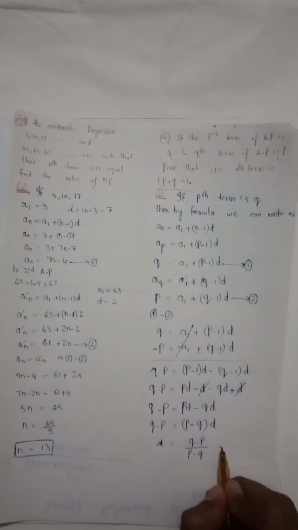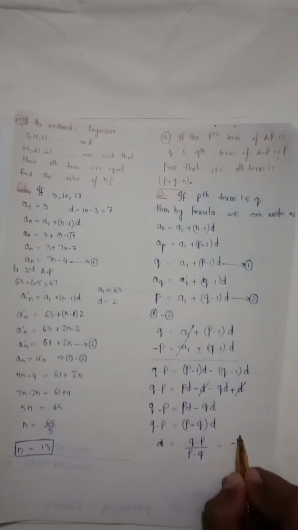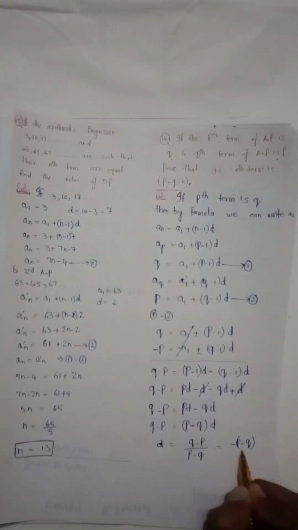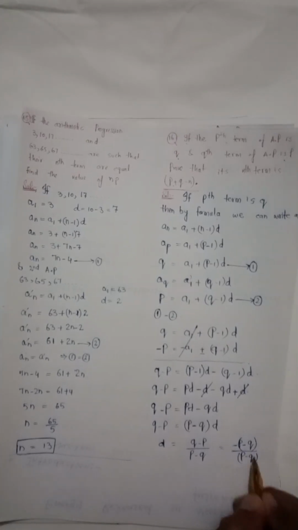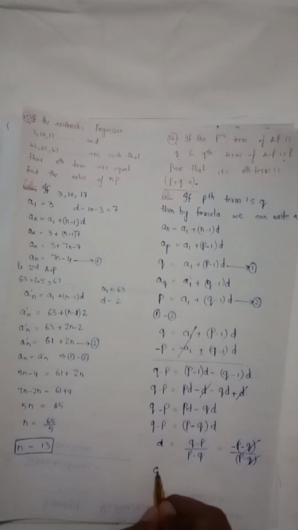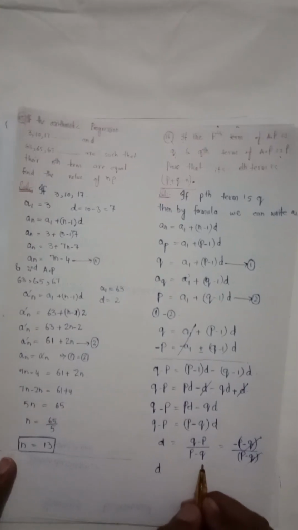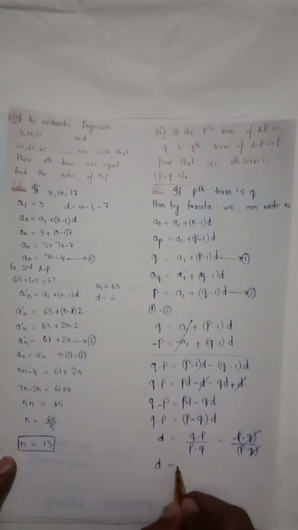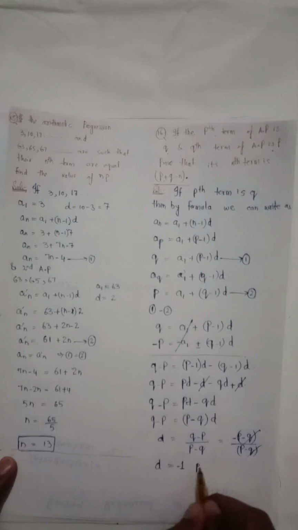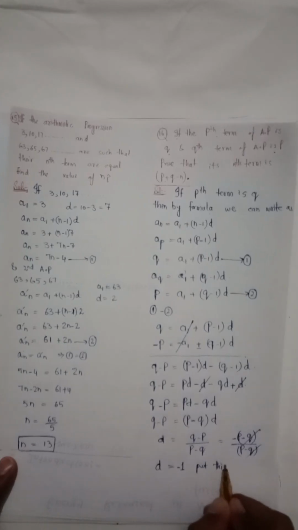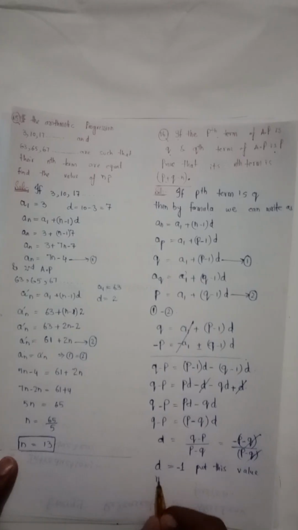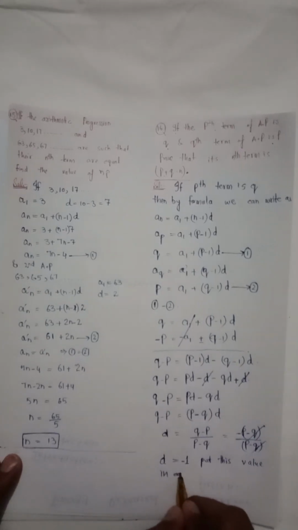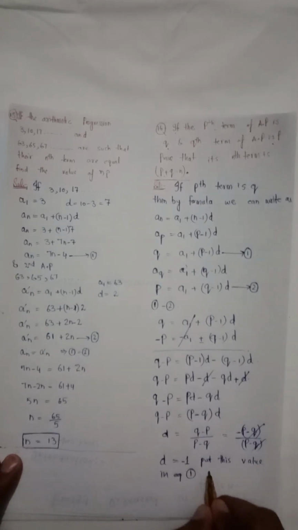That means minus (p minus q) over (p minus q). These two will be cancelled, and our d will be equal to minus 1. Put this value in equation number 1.